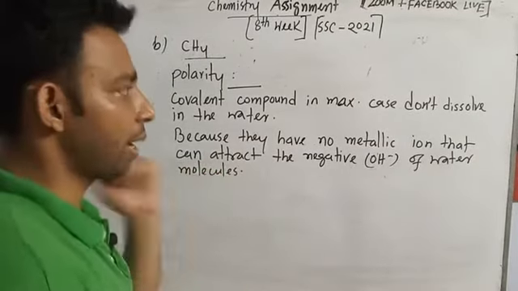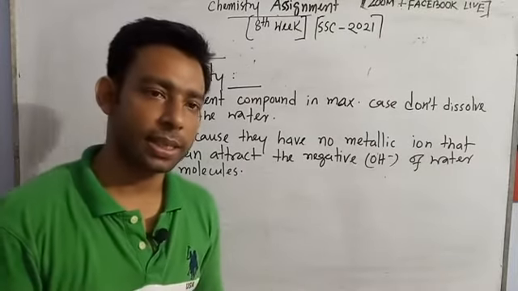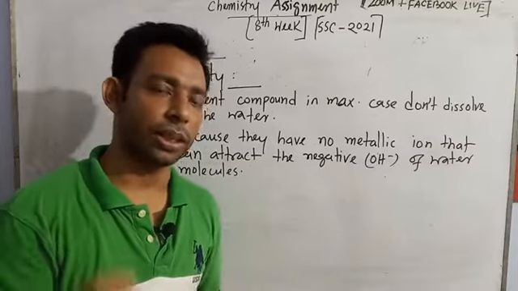You can ask me, sir, hydrogen ion is the positive ion, it is not a metallic ion, it is also a gas, but according to its nature it forms a positive ion.